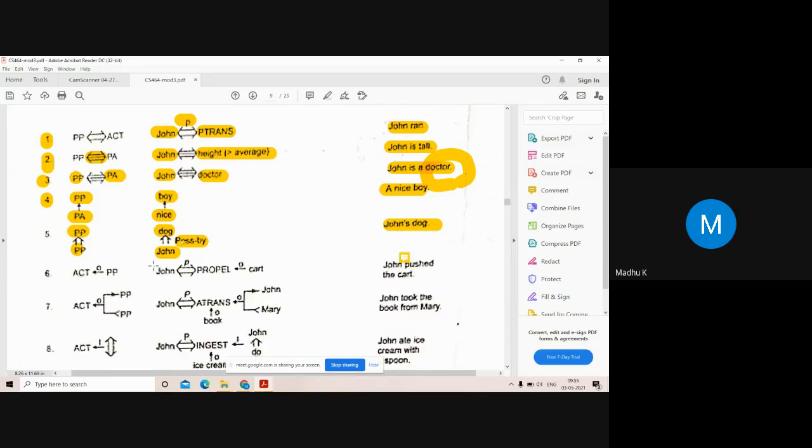John is the picture producer. First, you should note that if the sentence is like this, then we will represent it in this way.